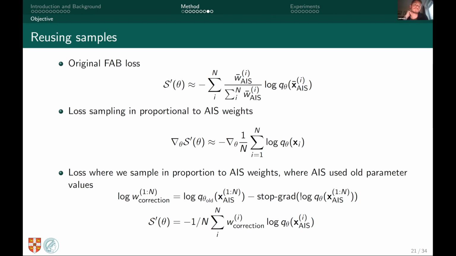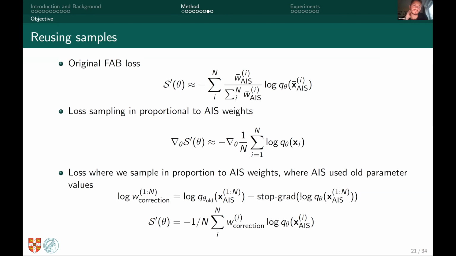So throughout training, we save the samples that we generate and then reuse them to update our flow with this W correction factor that accounts for the fact that they were generated with our old samples. And this lets us do multiple gradient updates on each sample that we generate with annealed importance sampling, which improves the data efficiency of our training.